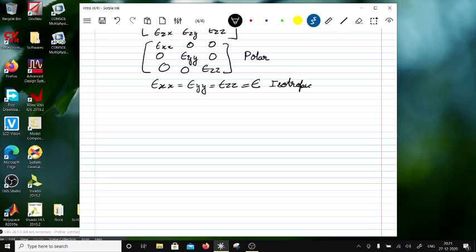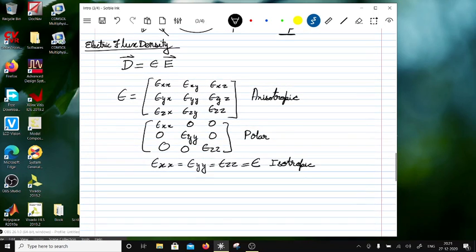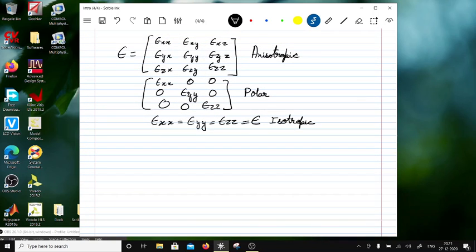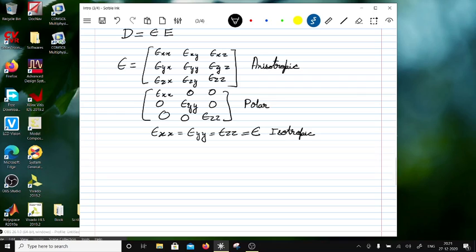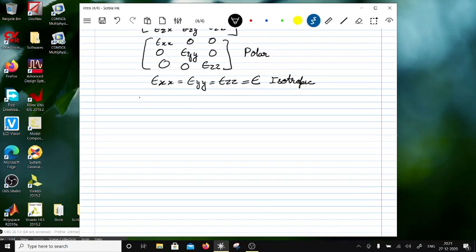Most of the media we deal with in most discussions are isotropic materials. Epsilon is permittivity, and the permittivity of free space is 8.854 times 10 raised to minus 12 farad per meter.